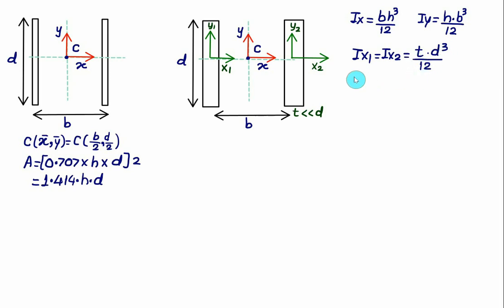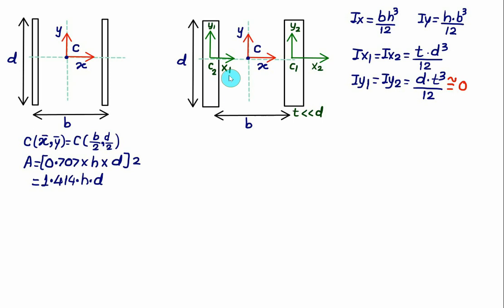And we have Iy1 equal to Iy2, which is height into breadth cube divided by 12. This time the height is equal to D and the breadth is equal to T. So we have T cube divided by 12. T cube is a very small quantity, so approximately we can neglect this value and make it equal to 0.